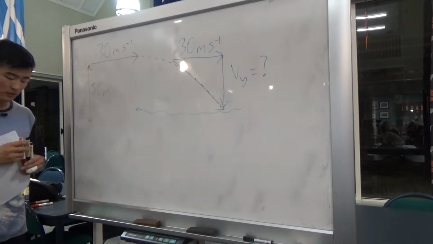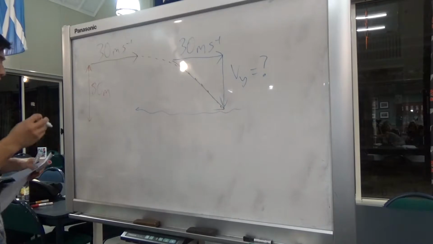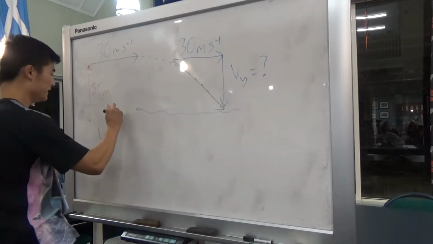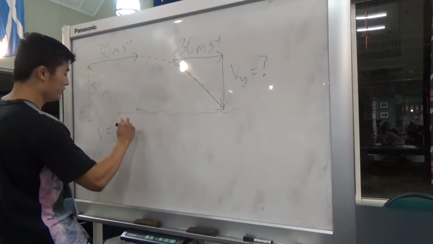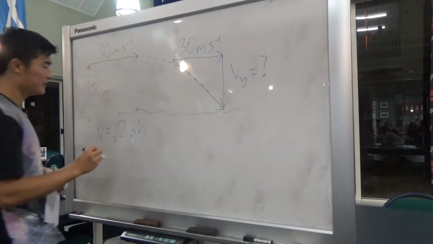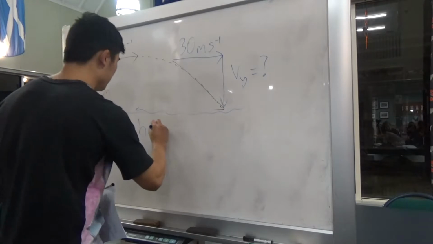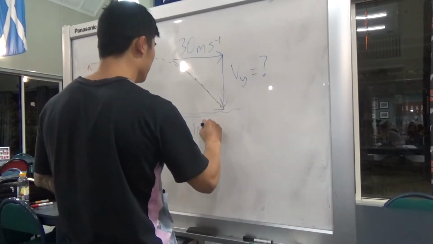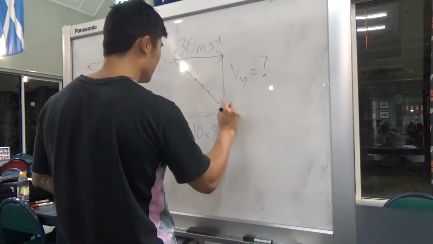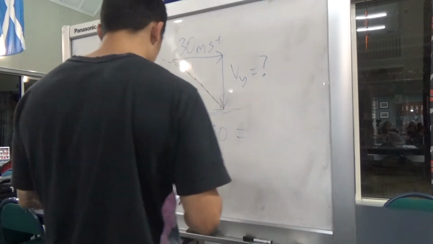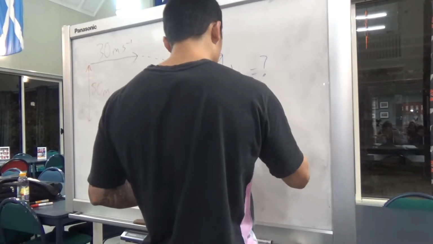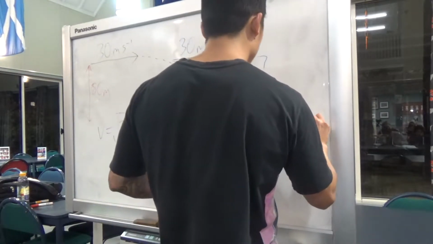So we're just going to use that equation. The velocity at the bottom is equal to the square root of 2 times gravity times height, and that's going to be 2 times 10 times 80. Okay, and so that's 40 meters per second.